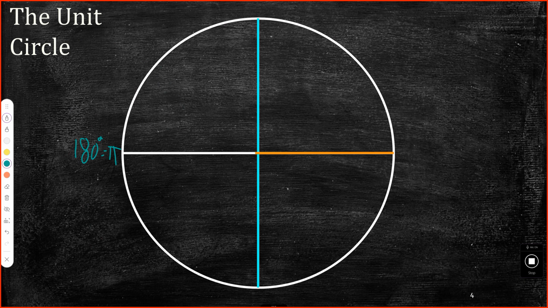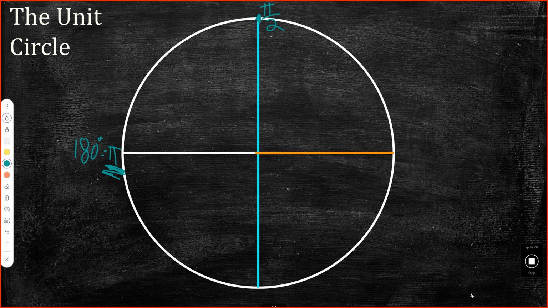So if this is true, then how much is this breaking into in terms of pi? If this is pi, how much is this? If this is pi, this is going to be pi divided by what?